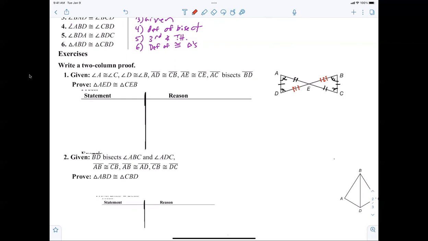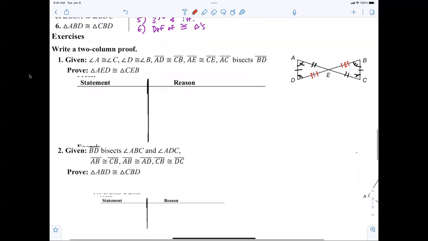So, step one, write out the given. So all of that goes for statement one, and then it's given. All right, now the only other two things I said, Oliver, what else is true?